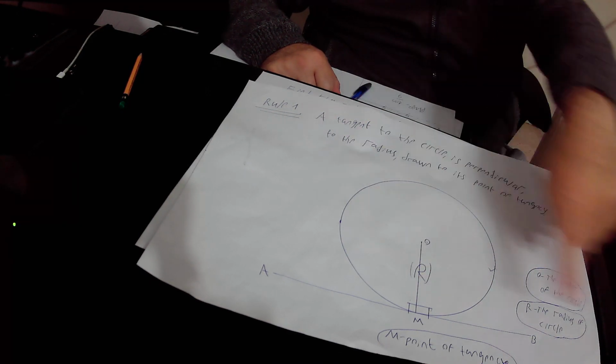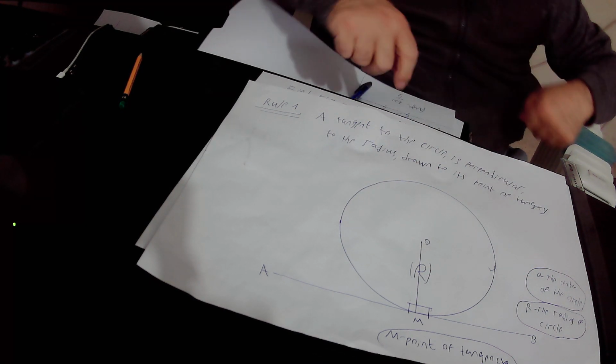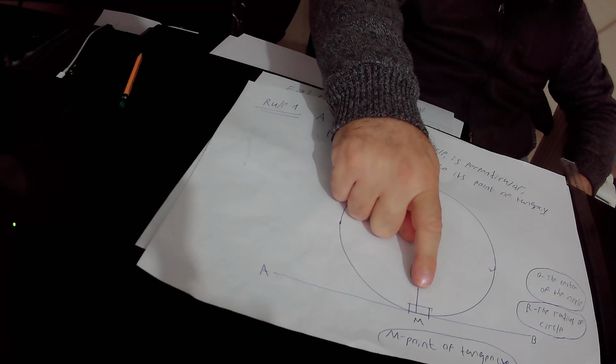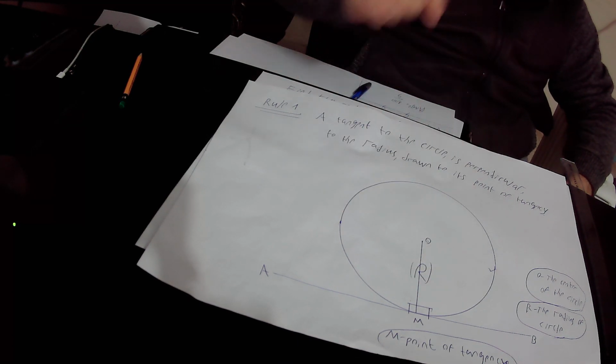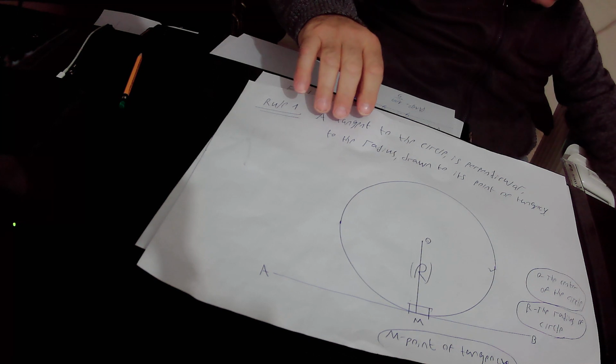If AB is perpendicular to MO, it means that this angle equals 90 degrees, and this angle also equals 90 degrees according to rule 1.